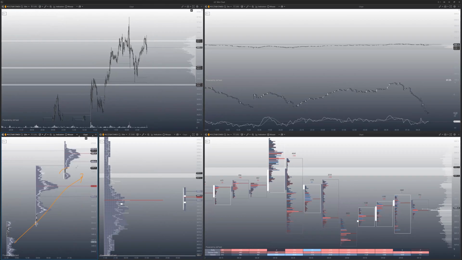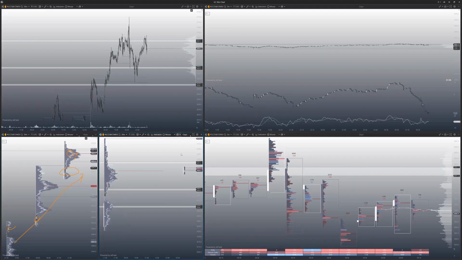We also see the single prints were intact, and also the high volume switched higher. That tells me the upside move is still intact, and that we can also see on the cash profiles.